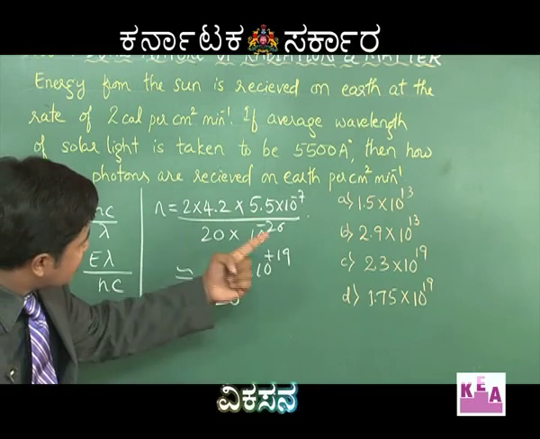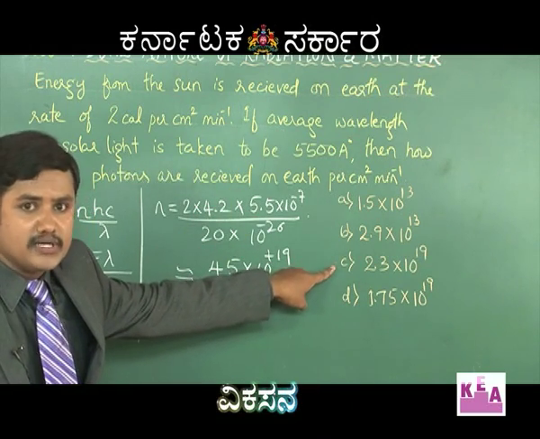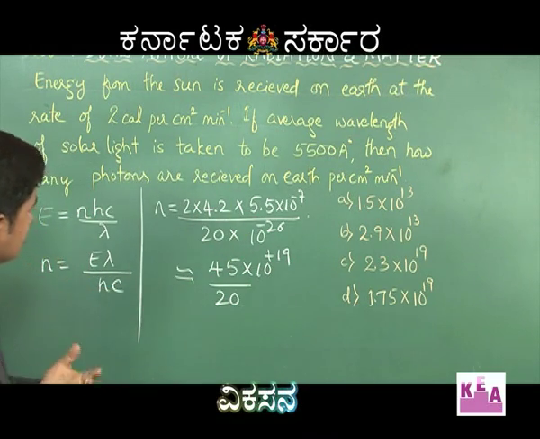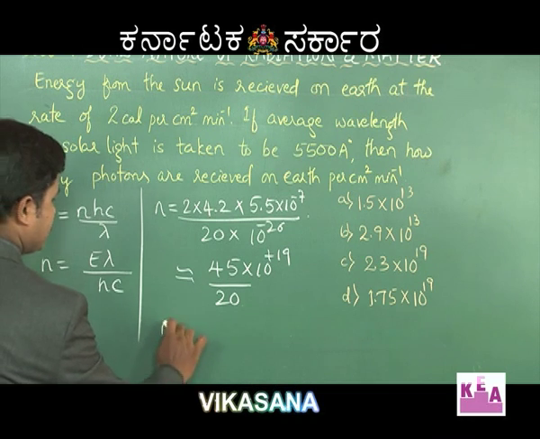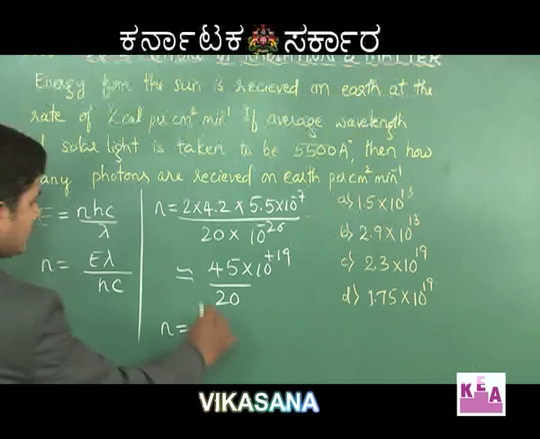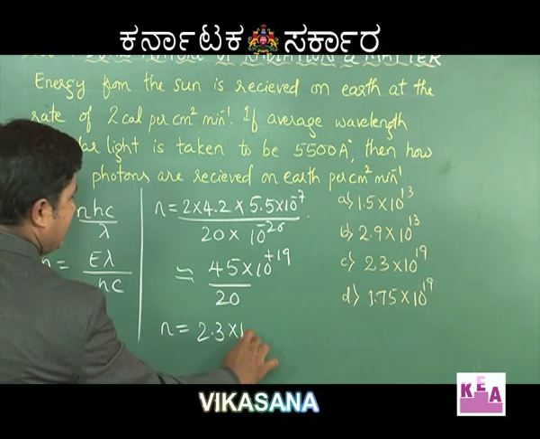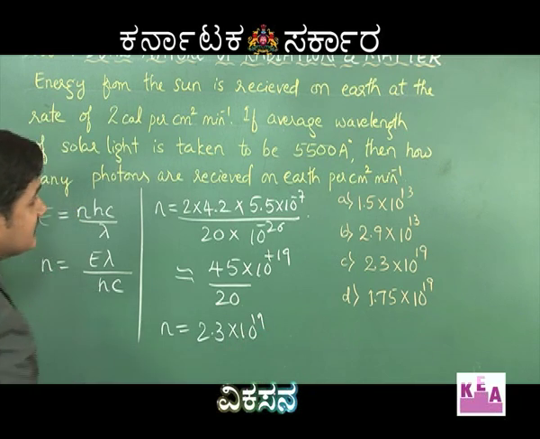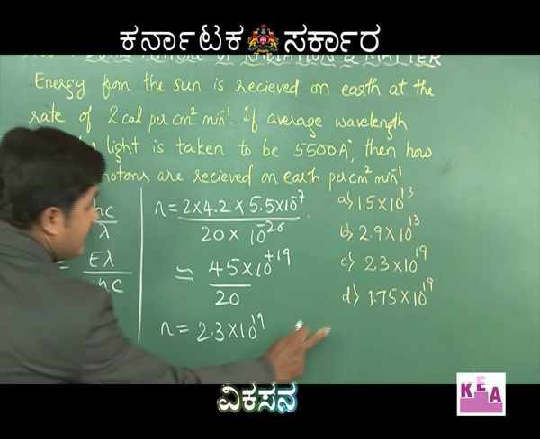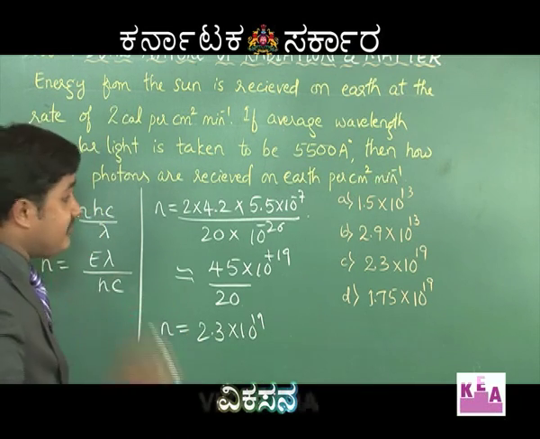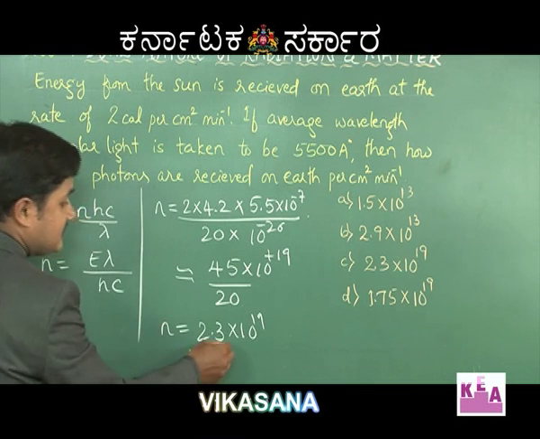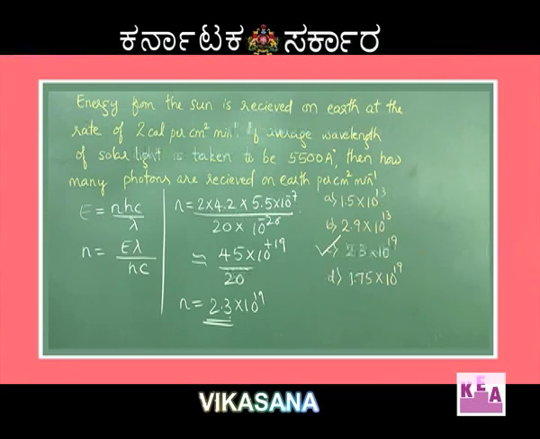Do I have any options? Yes, in C I have an option called 2.3, but look at the power. Yes, the powers are also matching, so directly I come to a conclusion that it must be 2.3 into 10 power 19, because the other option containing 10 power 19 is way too far away from this approximate answer. So I'll go with C, which is the correct answer.